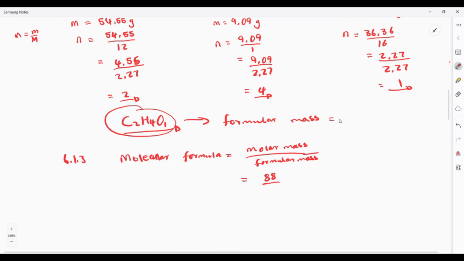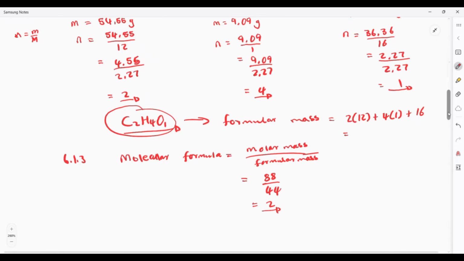So it is going to be 2 multiplied by 12 plus 4 multiplied by 1 plus 16. And then the answer that you get here is 24 plus 4, it is 28, and then plus 16, that will give you 44. So it is divided by 44, and then your answer will eventually be 2 over there.